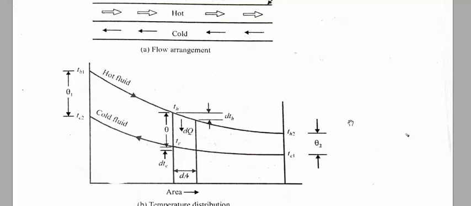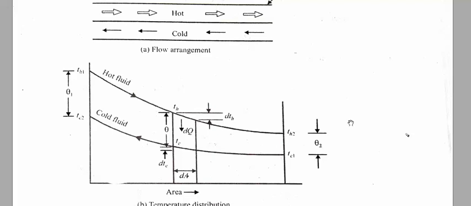Now in the hot fluid, Th1 and Tc2 have the temperature difference theta 1, and there is only a minor loss throughout the system. It is possible that the temperature difference becomes small, and the heat transfer will reach an equilibrium state.